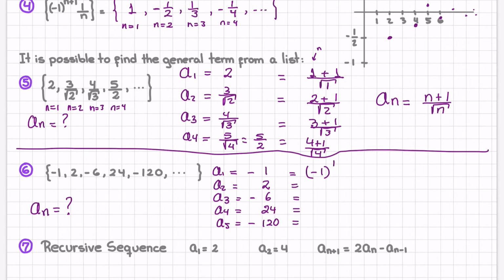Then I'm going to take care of the numbers. The other one would be negative 1, and the n is 2 to the second power. That makes it positive. Negative 1 to the third power, negative 1 to the fourth power, and you see how it works. It's giving me negative, positive, negative, positive, which is what we see here.